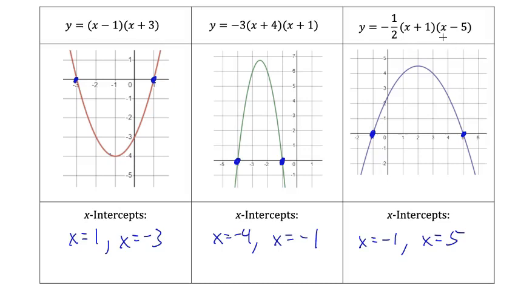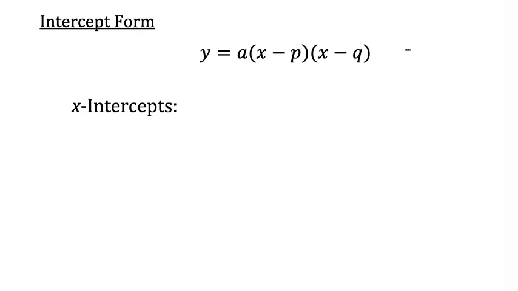So here's a generic quadratic equation written in intercept form. Now the a will control the steepness. If a is a fraction less than 1, we'll have a less steep parabola.